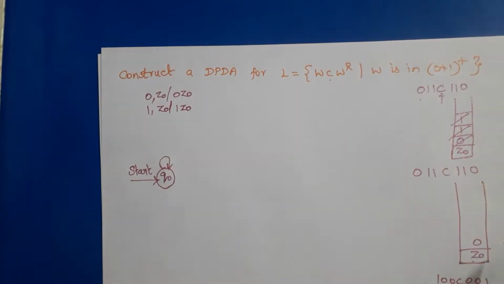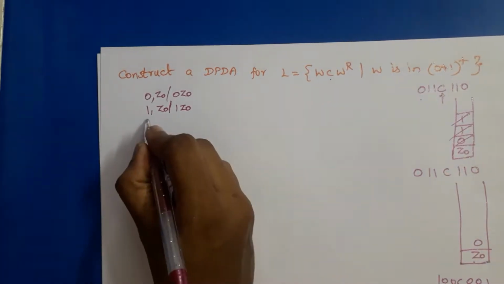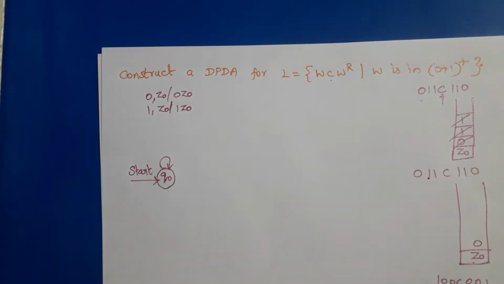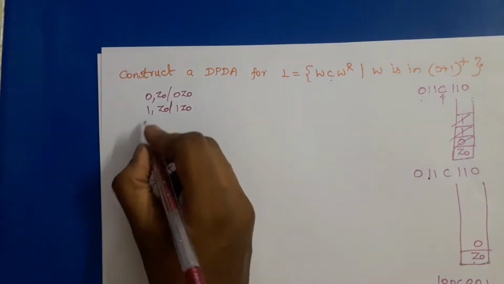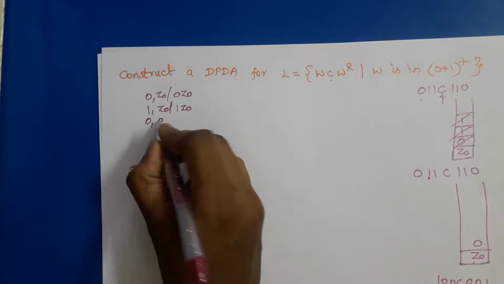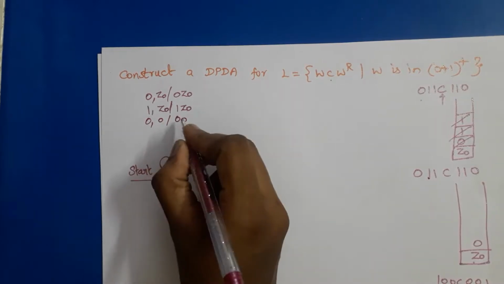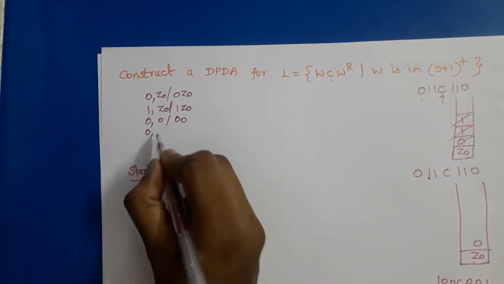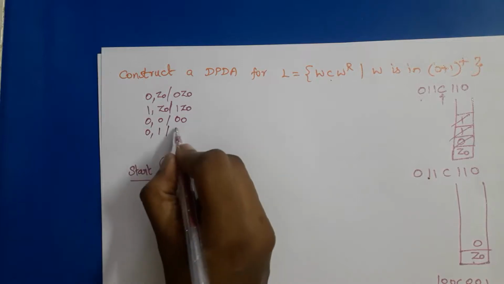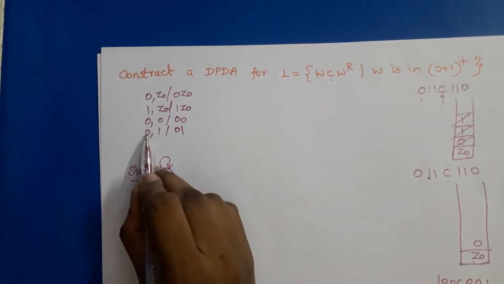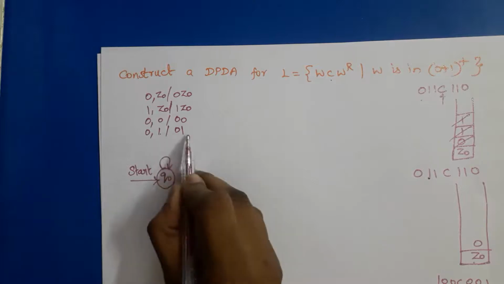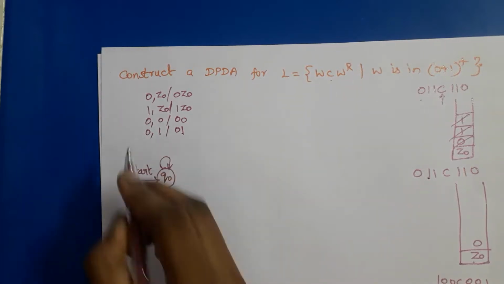Okay, so there are 4 possibilities. Current input symbol is either 0 or 1, top of the stack is also either 0 or 1. So if the current input is 0, top of the stack 0, we need to perform push. Current input is 0, top of the stack 1, again we need to perform push, and 0 should be pushed onto the stack.